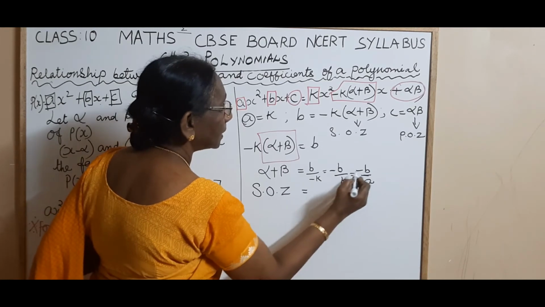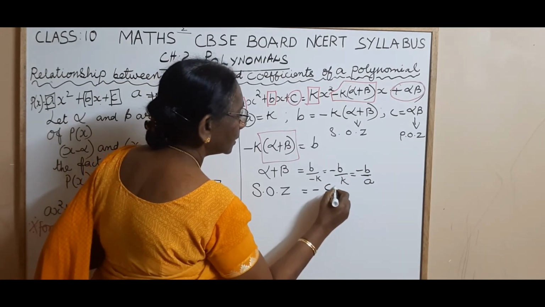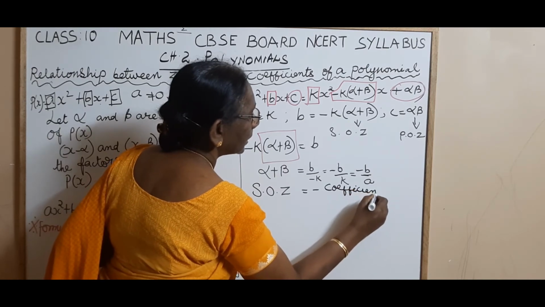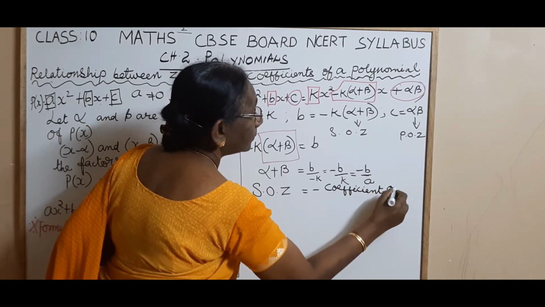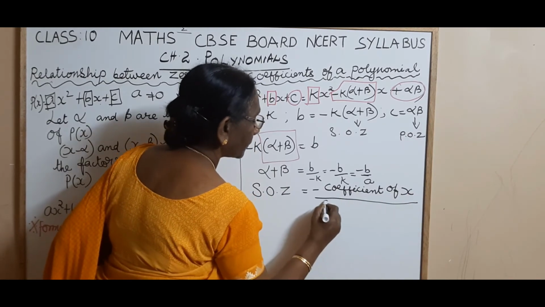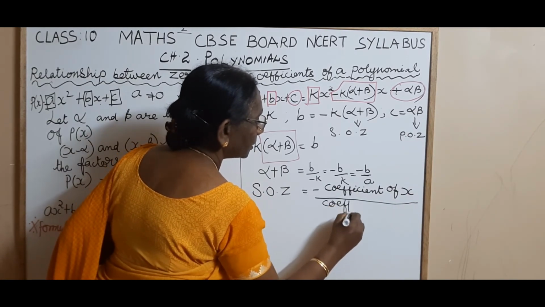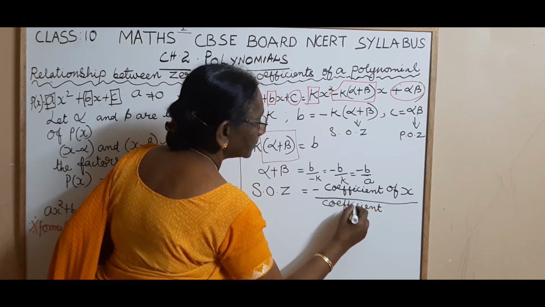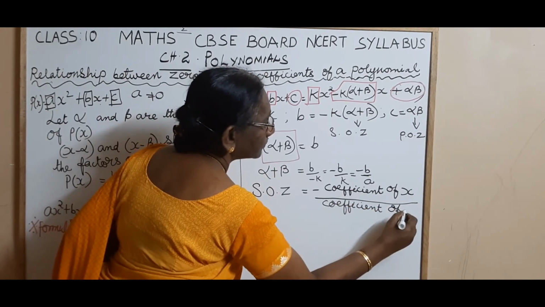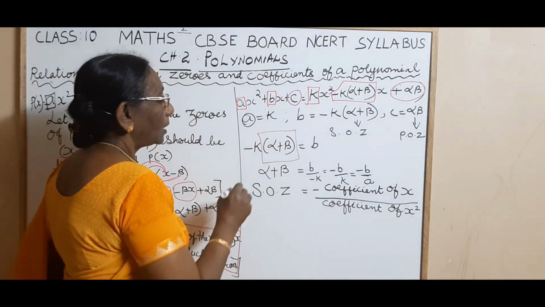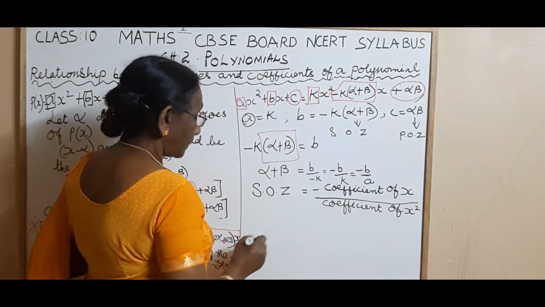Sum of the zeros is equal to minus coefficient of the term x by coefficient of x square.